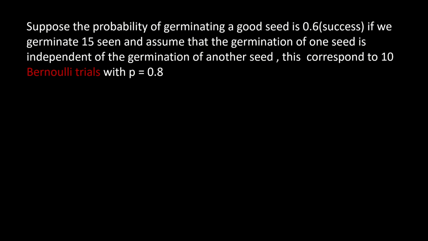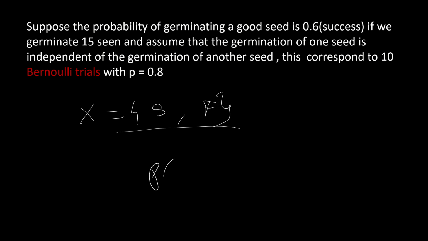Again, our variable of interest X is either the seed succeeds or fails. So this is a Bernoulli experiment, because the probability that X equals success is 0.8, and our variable of interest is either the seed succeeds or fails.